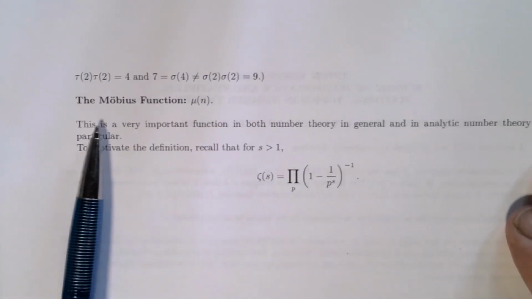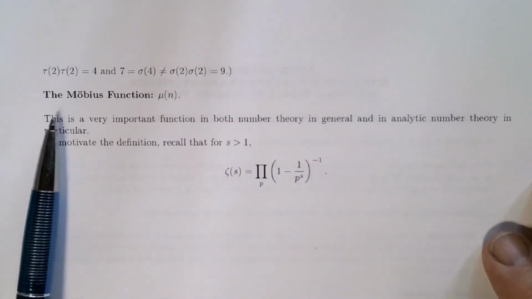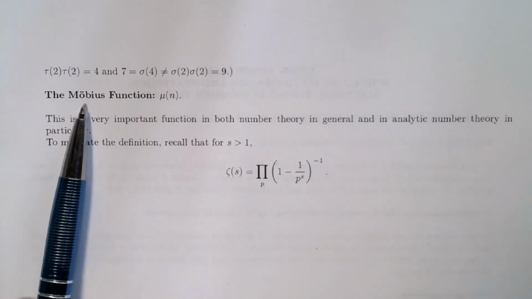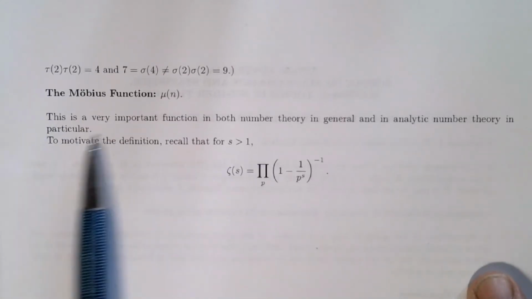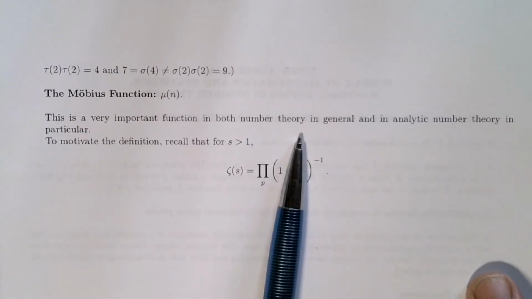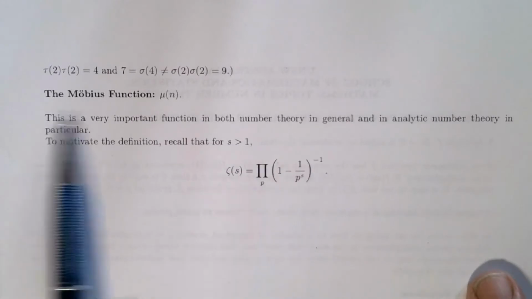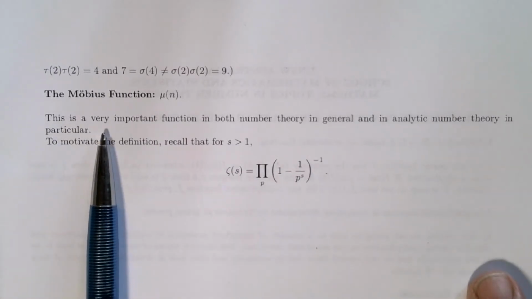Now, one of my absolutely favourite functions amongst this zoo of arithmetic functions is the so-called Möbius function. And it is extremely important in number theory in general, in analytic number theory in particular, but it turns up in many other places as well.